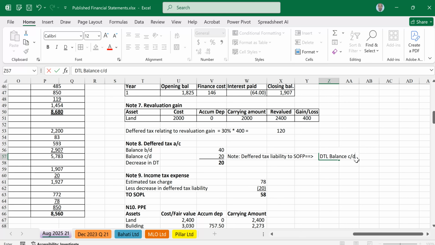So the balance carried down plus deferred tax on revaluation of land.